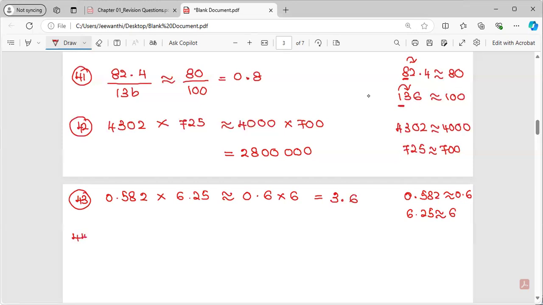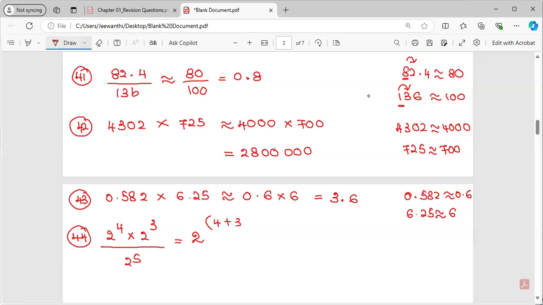Then question number 44 is a separate kind of question: 2 to the power of 4, 2 to the power of 3, and 2 to the power of 5. I can write it as 2 to the power of 4 plus 3. Why 4 plus 3? It is a multiplication. Same base, the multiplication, I can add the indices.